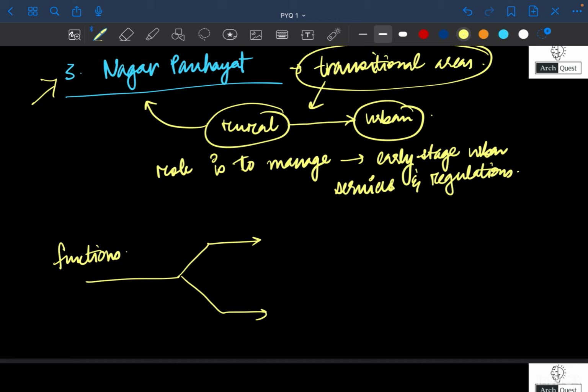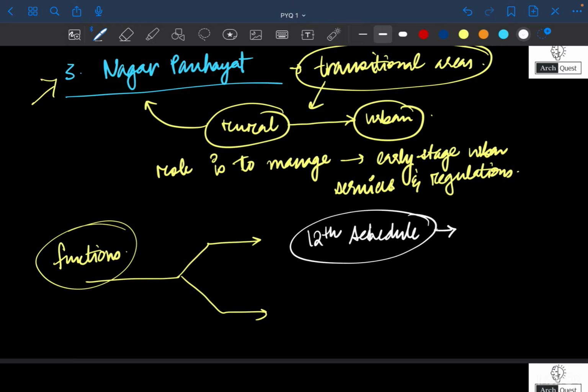Before we start with the functions, when we are talking about the 74th Amendment Act, we also know that the 12th Schedule was added, and it had around 18 subjects.